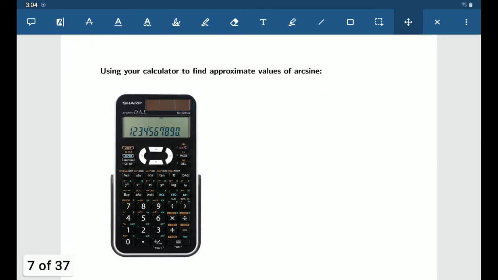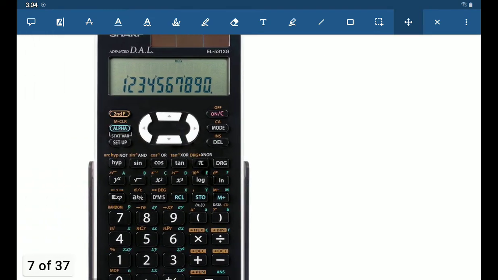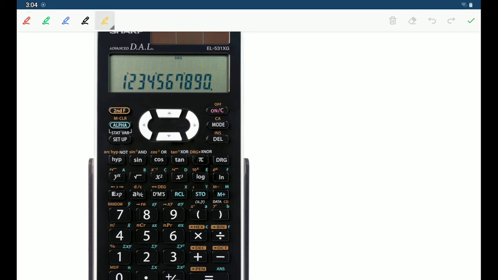Now, before we do that, this will be a calculator example, and this is where we'll point out a couple of things on our calculator yet again. The first is a reminder from before that the DRG button is the button that we'll need to press to turn our calculator into radians mode. Right now in this image, you can see up top it says DEG.